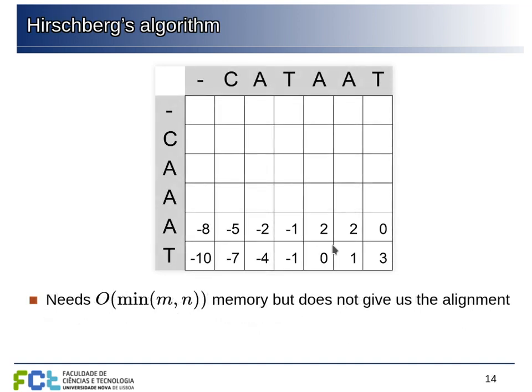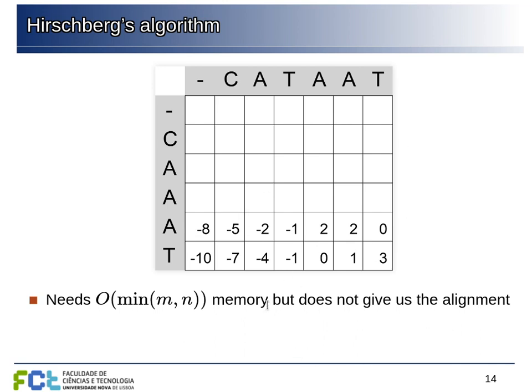So the advantage here is that if we put the smallest sequence on top, we would basically just need the length of that sequence. In fact, here we are using twice the length, but we could optimize this and basically just need the length of that sequence to do these computations.